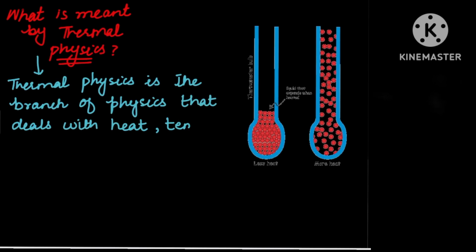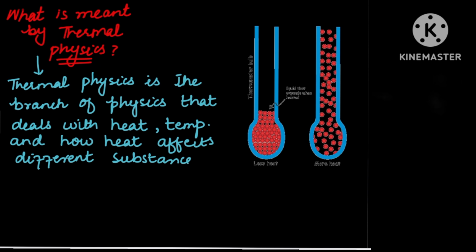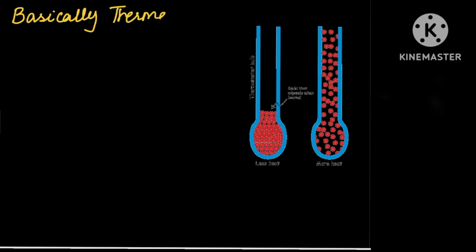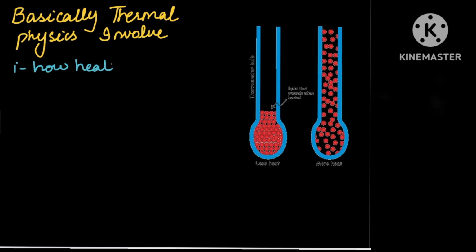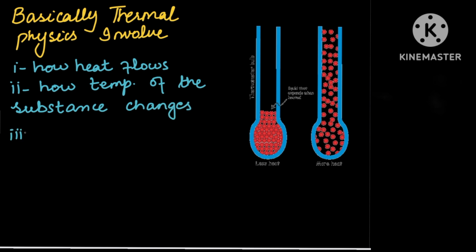Thermal physics is the branch of physics that deals with the study of heat, temperature, and how heat affects different substances. Basically, thermal physics involves the study of 1. How heat flows, 2. How the temperature of the substance changes, 3.